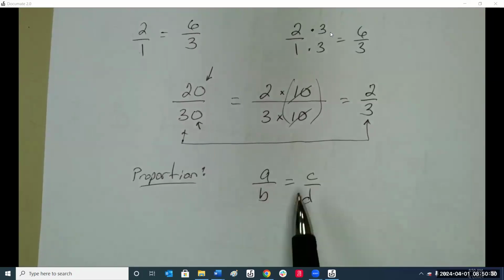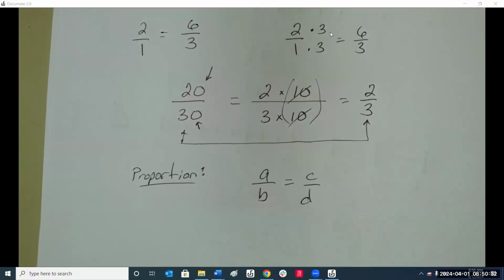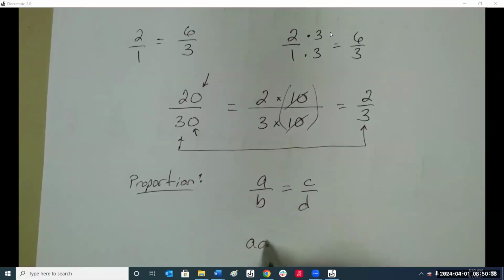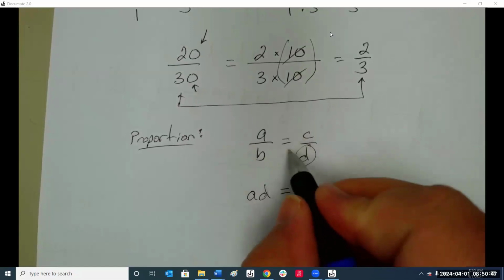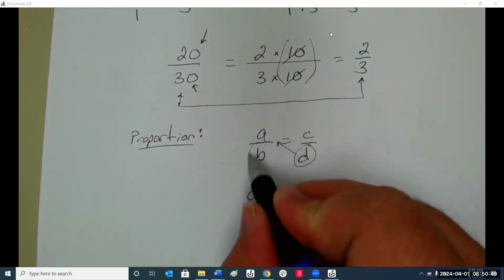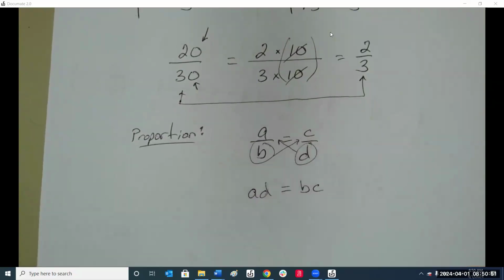If A over B is equal to C over D, what has to be true? That A times D is equal to B times C. That has to be true. And that's the reason we call this cross multiplication.